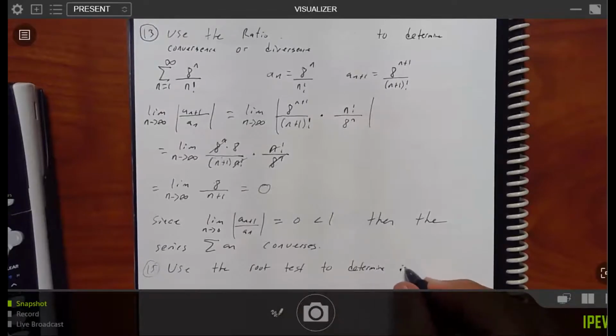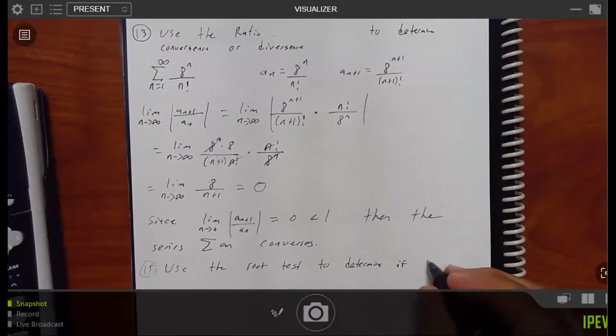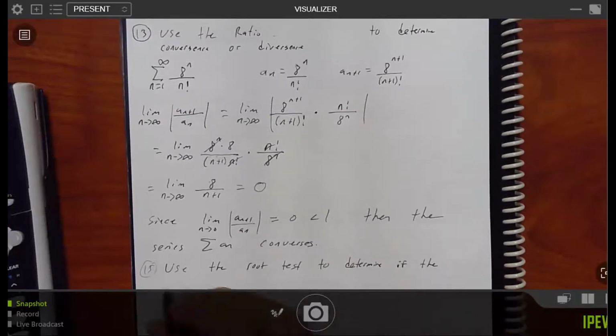Use the root test to determine if the series converges or diverges.